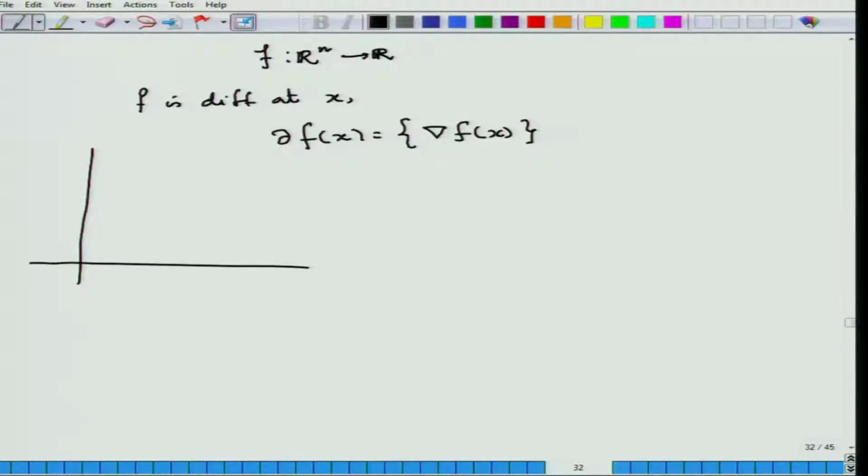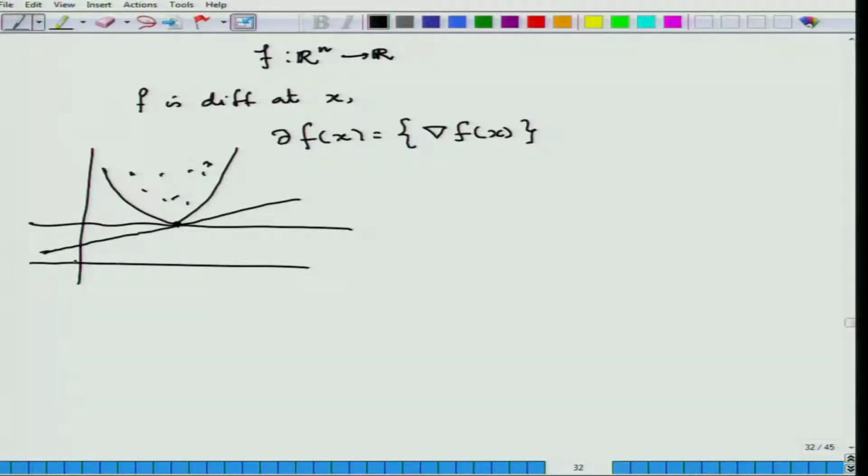That is, if you have a convex function which is not differentiable, say you have a kink point here, then if you look at the epigraph which is a convex set, at this point there is not only one tangent hyperplane, there are many supporting hyperplanes.